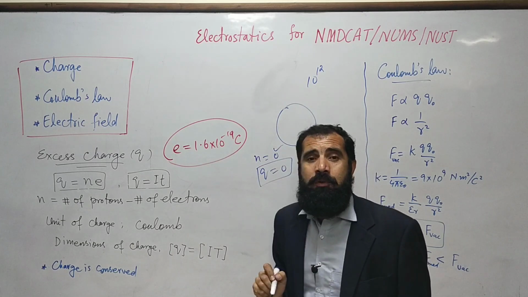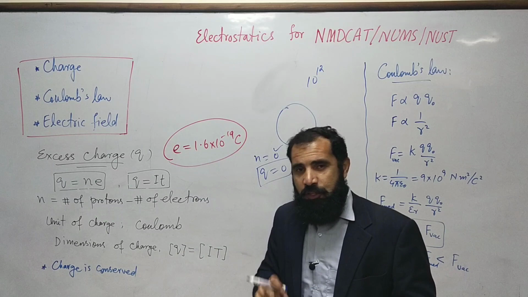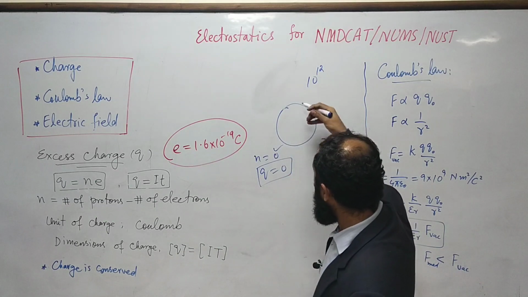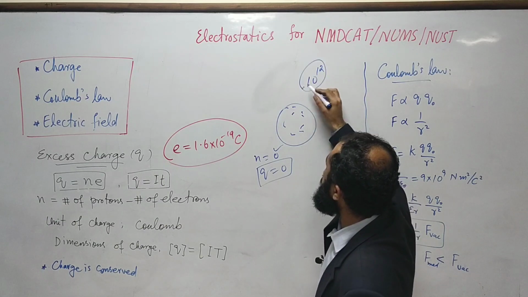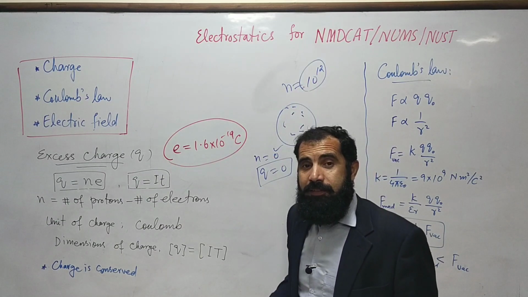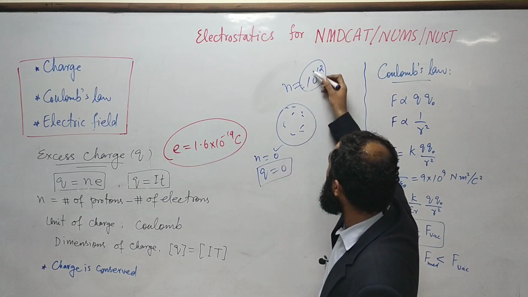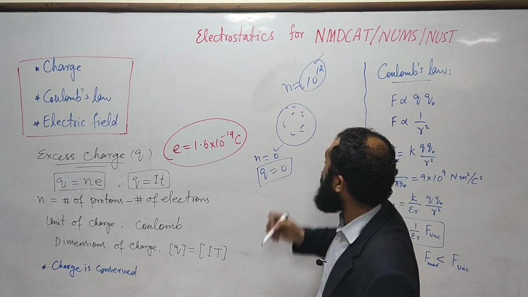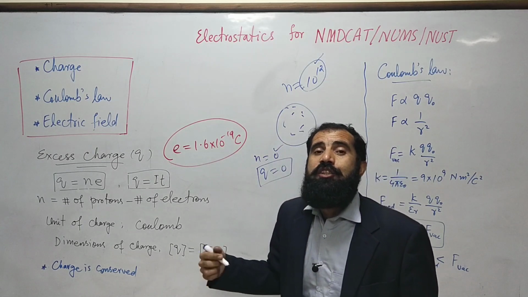N is 0. Charge is never 0. N is the difference of electrons and protons. So if I sprinkle electrons on this material, we get this much N. This is then the difference, because initially the difference was 0. And if I add some electrons, 10 raised to the power 12, how much is the charge in coulombs?